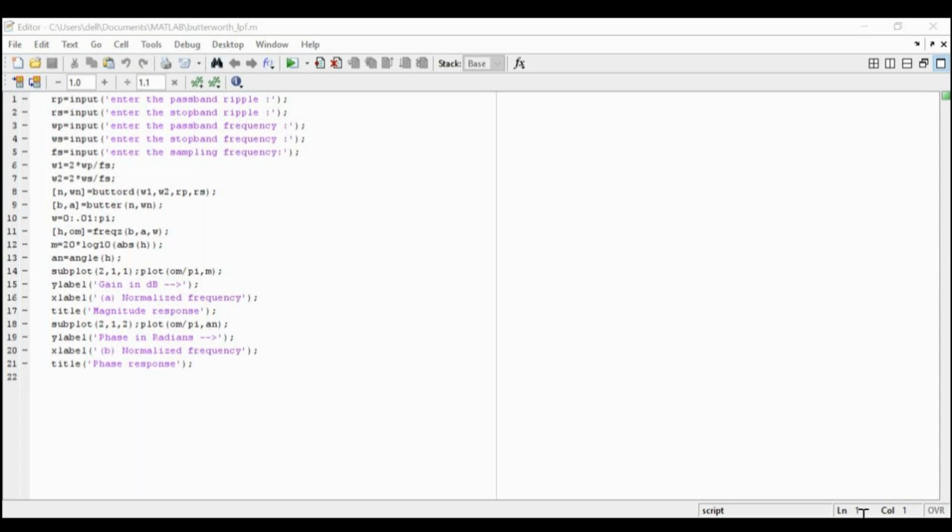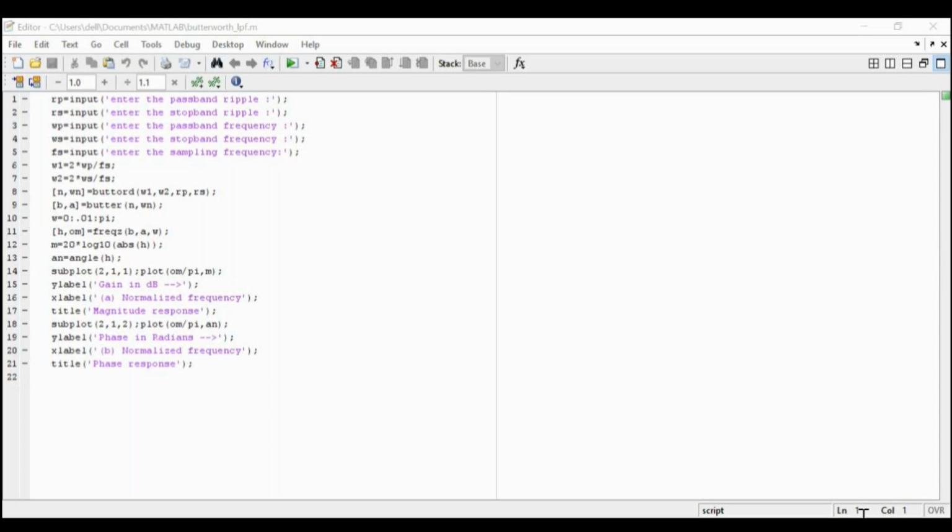Subplot of 211, plot of OM slash pi comma M. So you are normalizing that variable by dividing OM by pi, and you are plotting against the M value. Then y label of gain in dB, x label of normalized frequency, and the title of magnitude response.